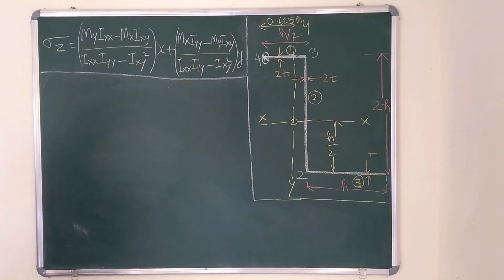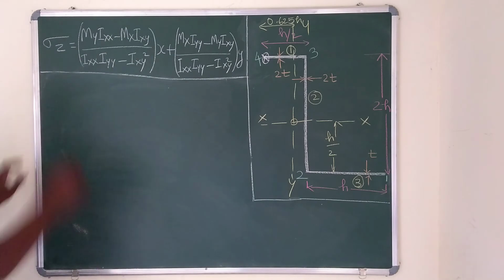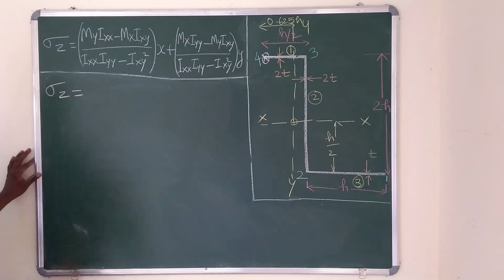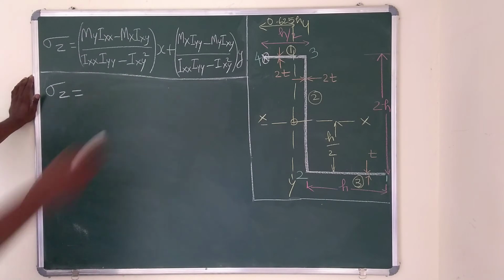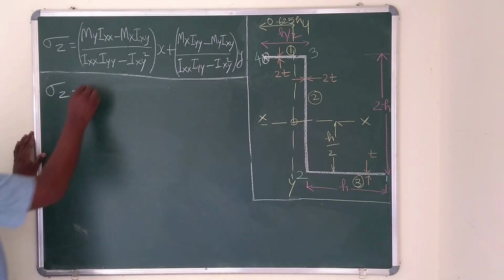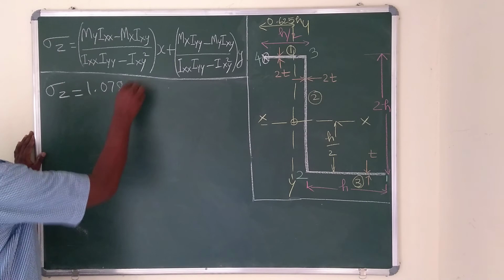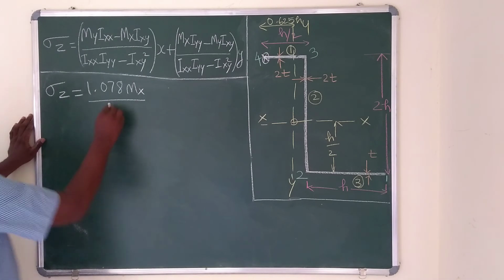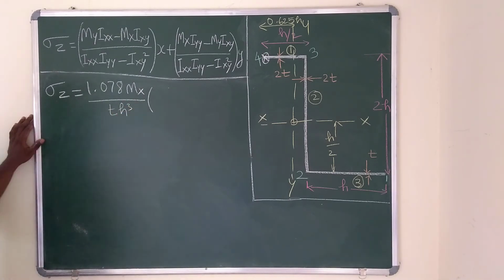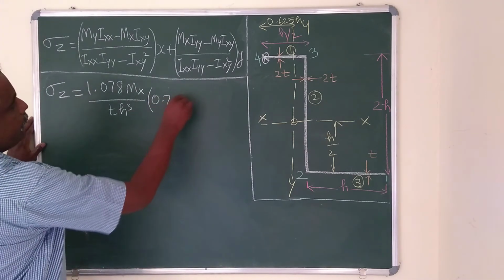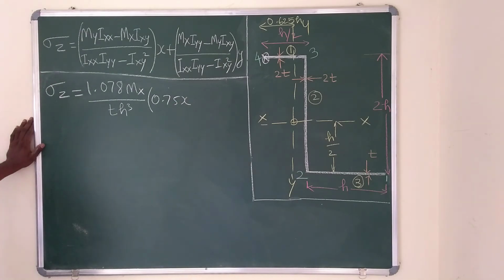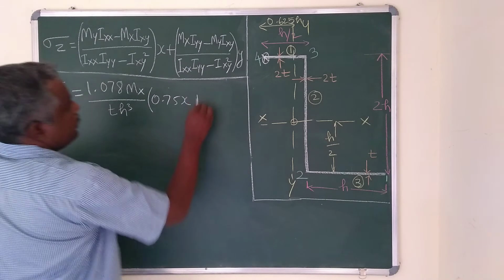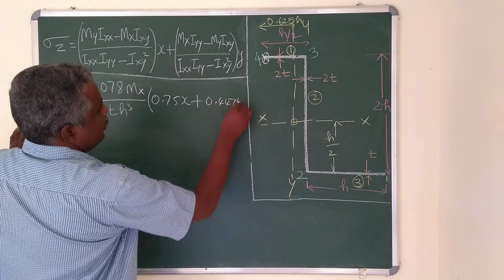Now when you substitute, you get the final expression for sigma z, that is the direct stress due to bending for the given section and the given bending moment. So it is 1.078 Mx divided by th cube, into (0.75x plus 0.447y).